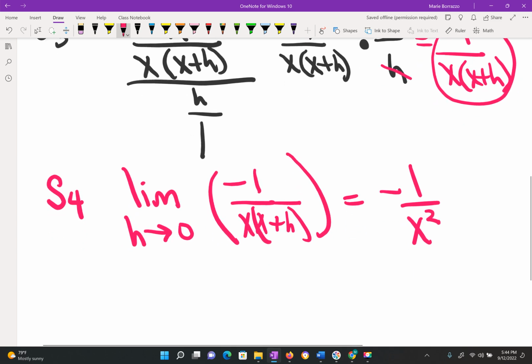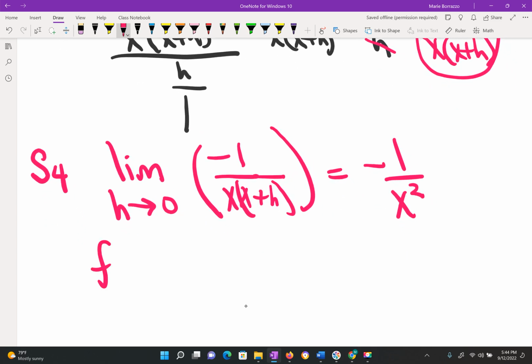So this is the derivative, f prime of x, the first derivative, negative 1 over x squared. And of course, now we're going to plug stuff in and solve and all that fun stuff.